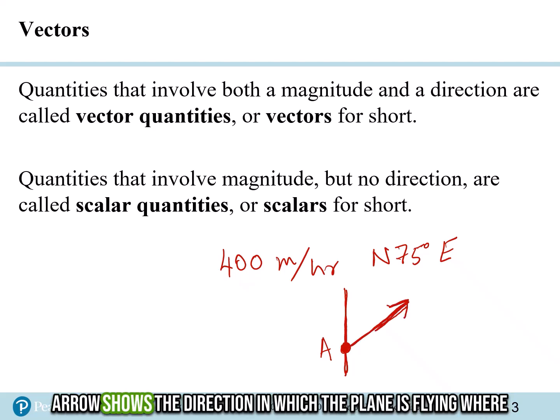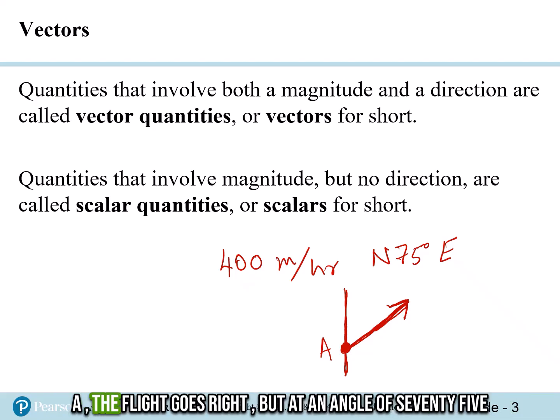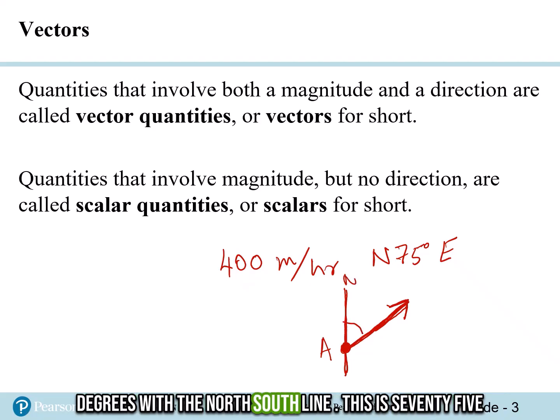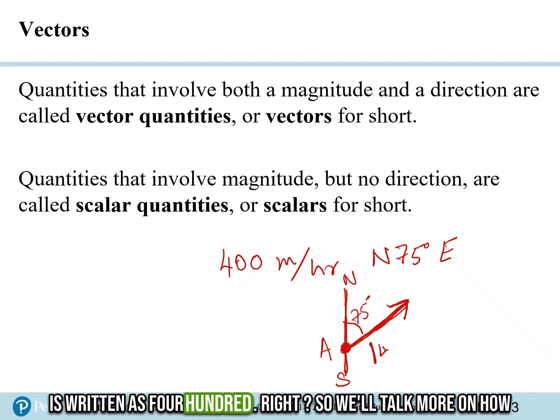This arrow shows the direction in which the plane is flying, where east is to the right of the north-south line. So from the point A, the flight goes right, but at an angle of 75 degrees with the north-south line. This is 75 degrees. And the magnitude is written as 400.